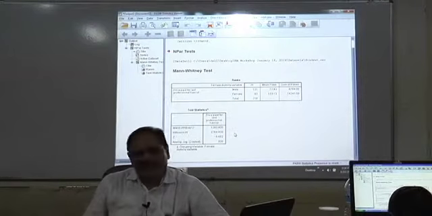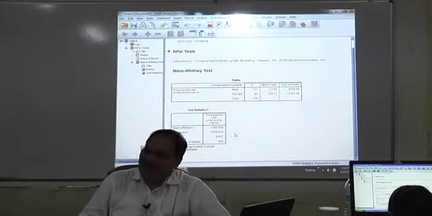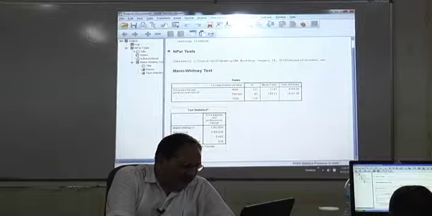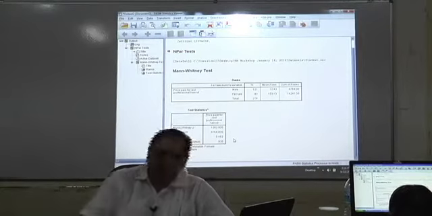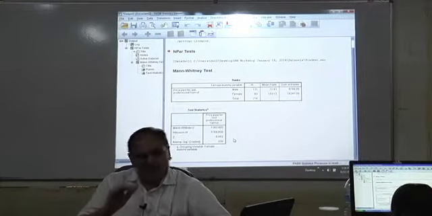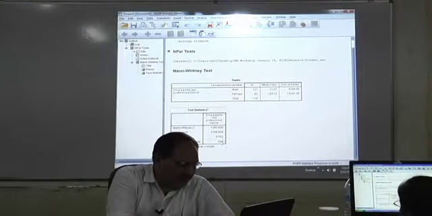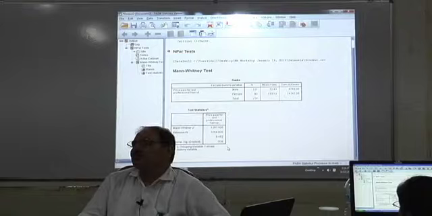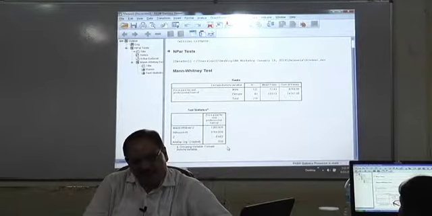You can interpret the Z, you don't have to interpret the U. Look at the bottom one. The value of Z is 9.42, significant at 0% level of significance. That means this value is significant.